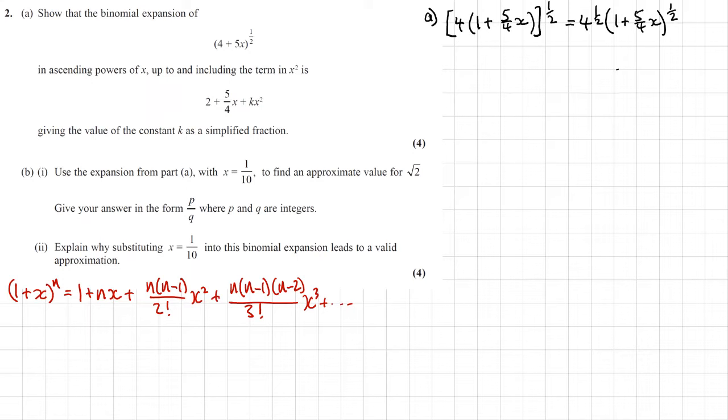And it's the second part here that we're going to do the binomial expansion on. So it's basically going to be 2, because 4 to the power half is 2, 2 times whatever I get for my binomial expansion.